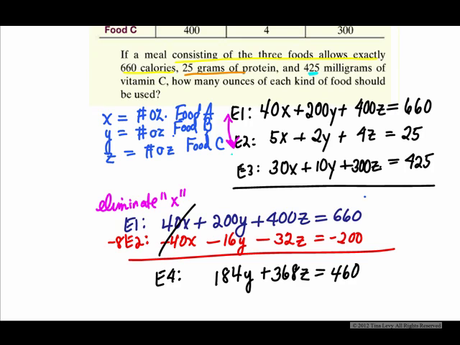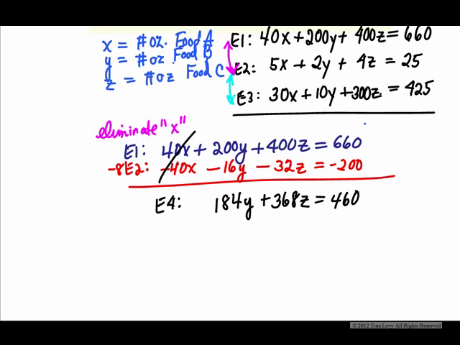I now need to eliminate x between equation 2 and equation 3. And I can see with the 30x for equation 3, I multiply equation 2 by negative 6. So I am now going to put equation 3, which is 30x plus 10y plus 300z is 425.